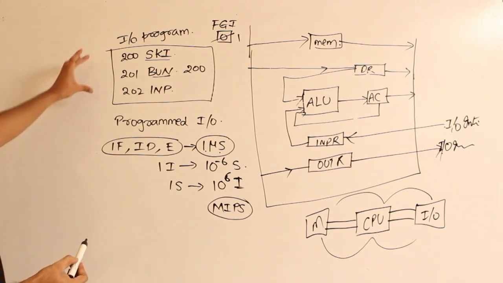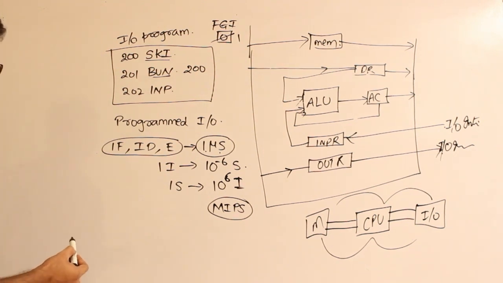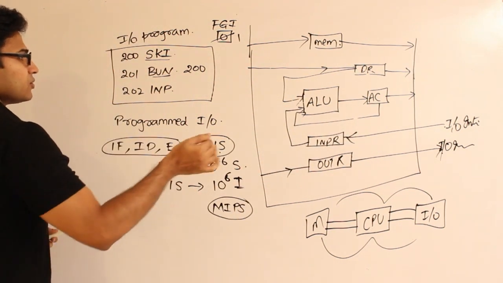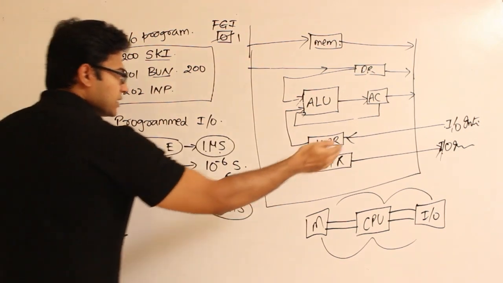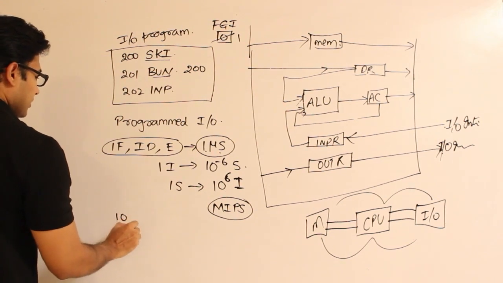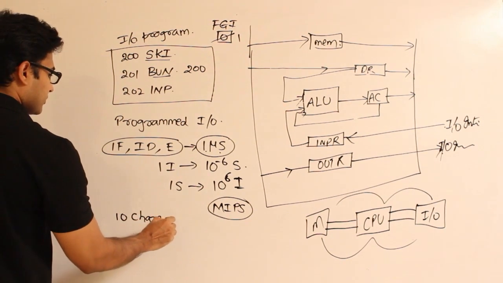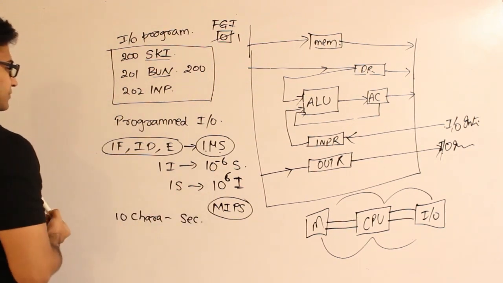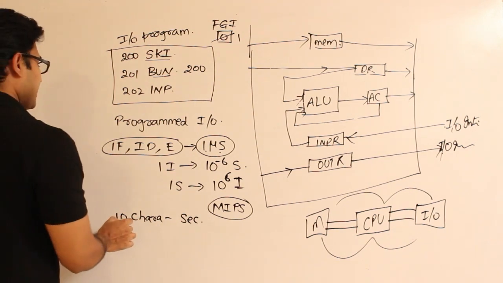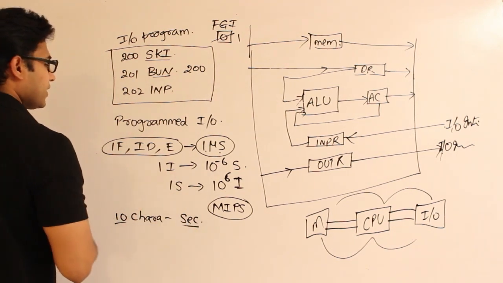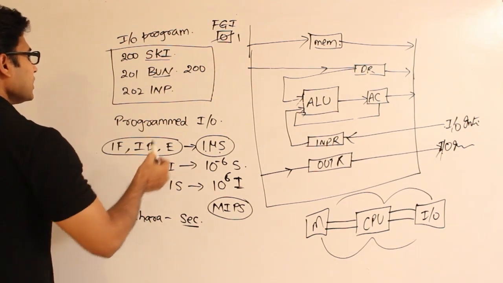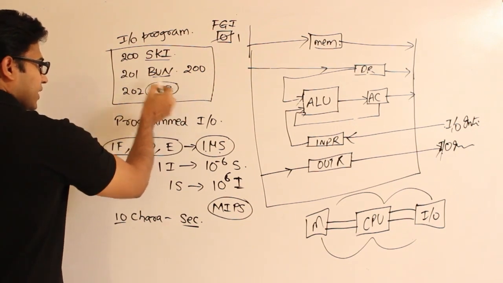And now if you are stuck with this IO program, let's see what happens. Now assume that the input is being provided by a typer through the keyboard, and the rate at which the input is being generated is, assume, 10 characters per second. So we are trying to transfer 10 characters in 1 second, which means we actually need to execute this particular instruction only 10 times.